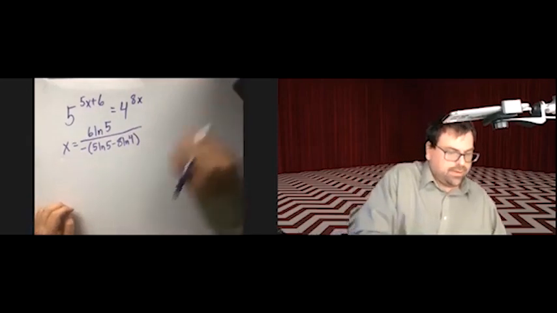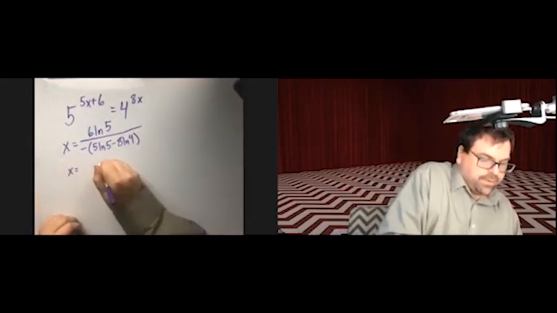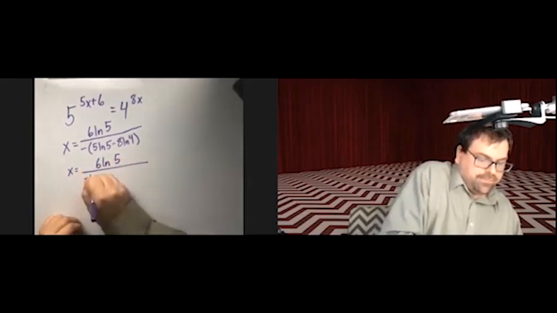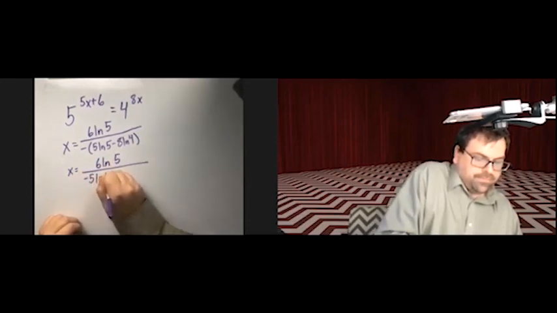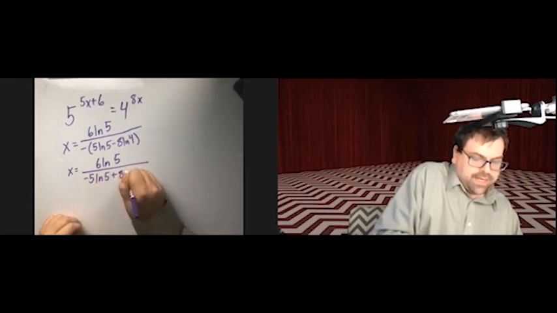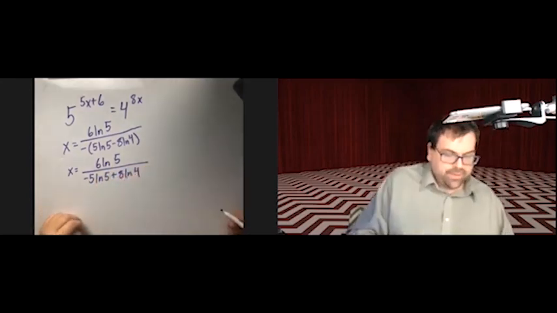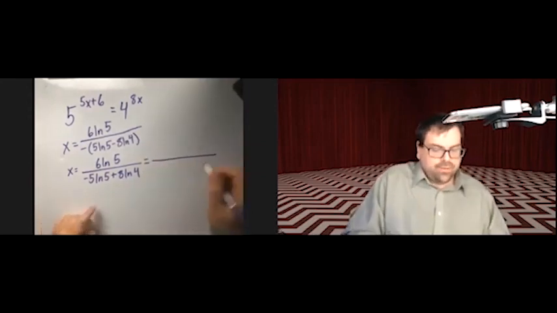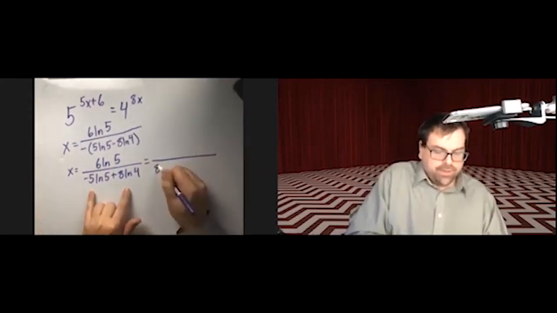Okay. So I distributed the negative on the bottom. Plus 8 natural log 4. And now the bottom can be rewritten.